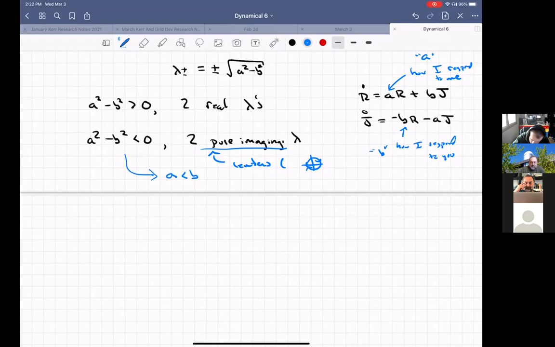So what this model says is that if my response to you is bigger than my response to me, in other words, I'm more reactive to how you feel about me than how I feel about me, then I have this stable circular situation where sometimes we're in love, sometimes we don't like each other, but we're always kind of at the same broad level of love-hate relationship.